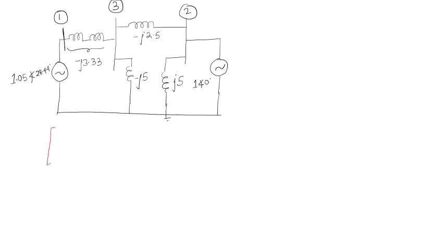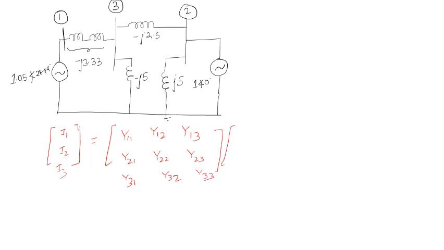I can write this as I1, I2 and I3 multiplied by the matrix Y11, Y12, Y13, Y21, Y22, Y23, Y31, Y32, Y33, and then V1, V2, V3.